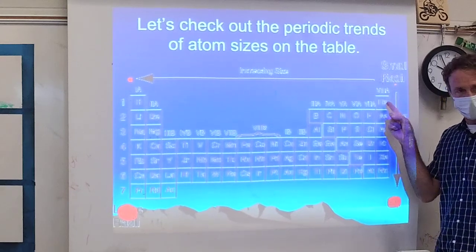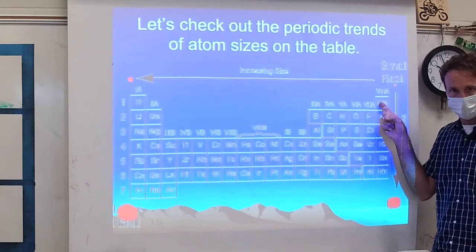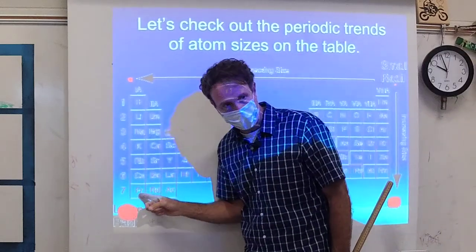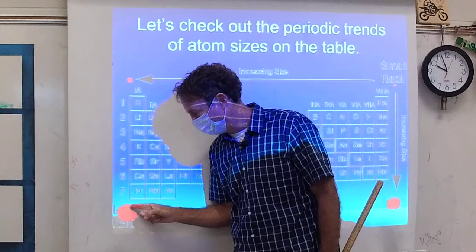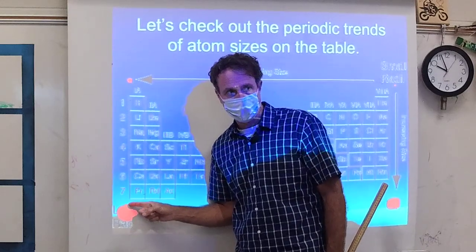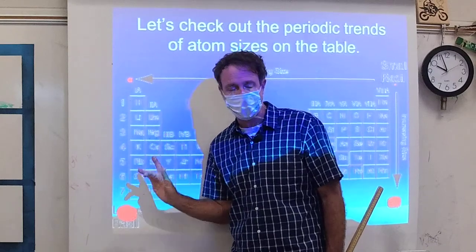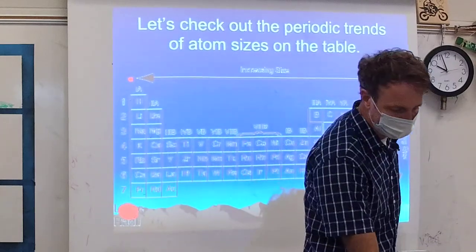Helium is very, very small. And then the very largest atoms are the complete opposite, in the lower left-hand corner. Francium is a very large atom. Now what that creates is a trend.